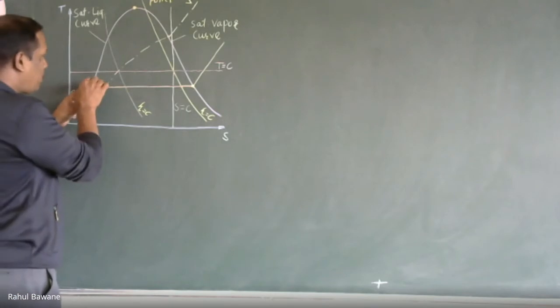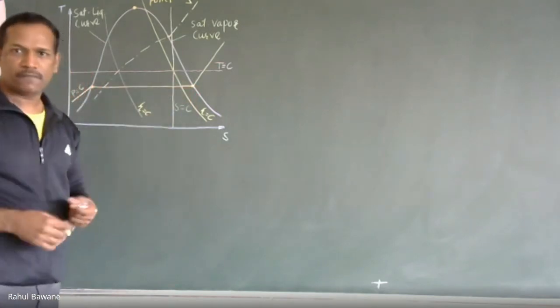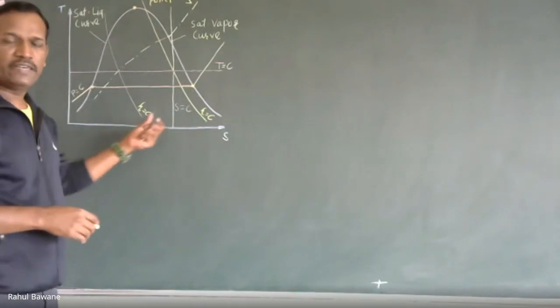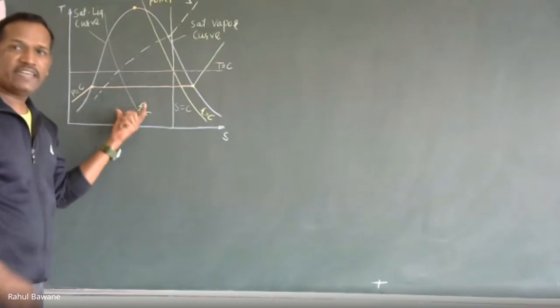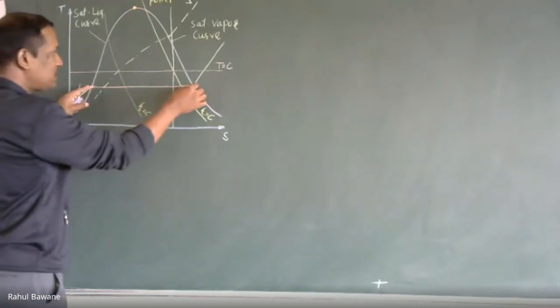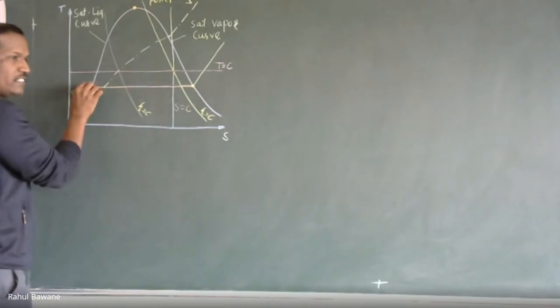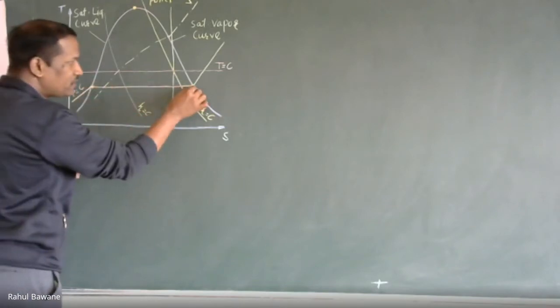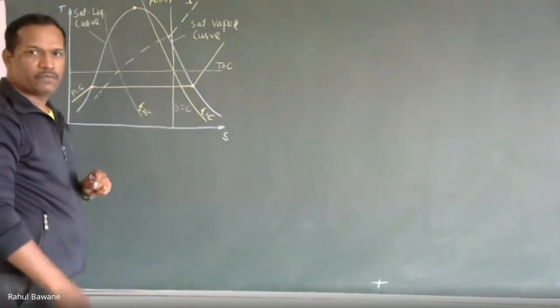Likewise, from this to this, there is always a mixture of liquid and vapor. That is called wet vapor. So this zone is the wet vapor zone. This is saturated liquid, this is saturated vapor, and in between these, it is wet vapor.